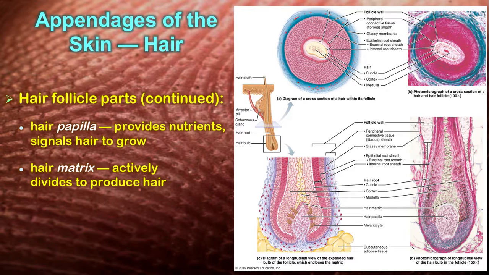It's one cell layer thick, and those cells are continuously dividing and pushing the other cells up. The cells in the matrix are continually dividing and pushing the hair longer and longer. I say continually, but there are rotations, which we'll talk about in a second. So they divide and push the other cells up and make the hair grow longer.